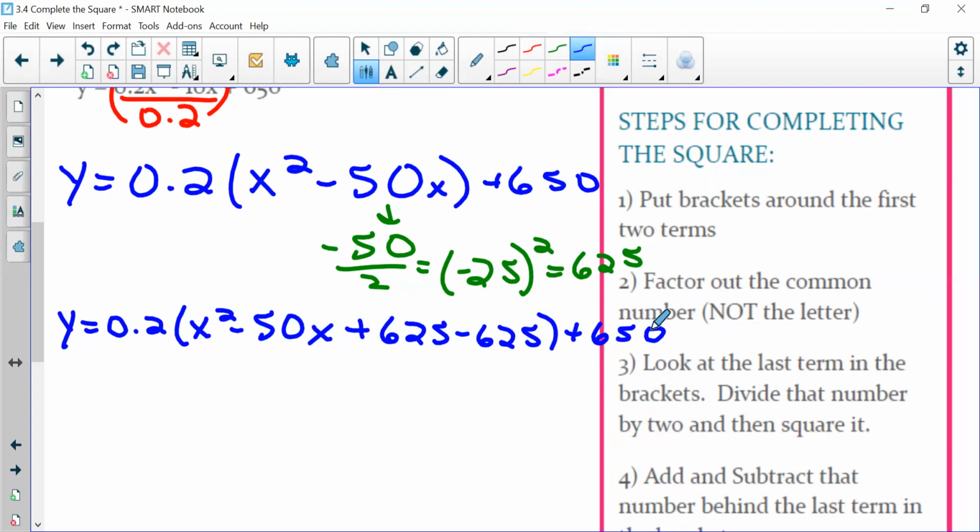0.2 times negative 625. Good. Move the negative 625 out, but remember to multiply by 0.2. Do you have that number there, Ron? Yeah, negative 125.